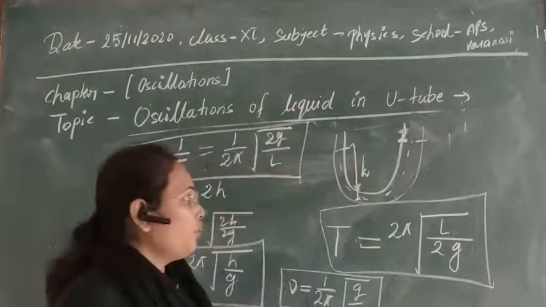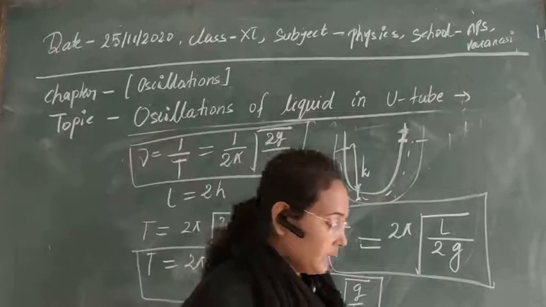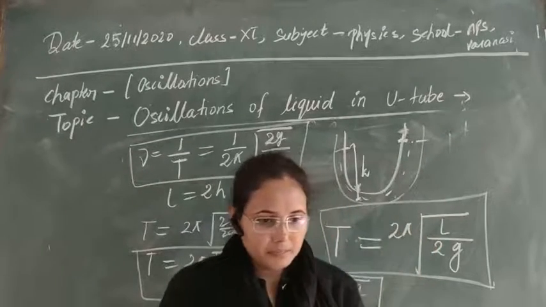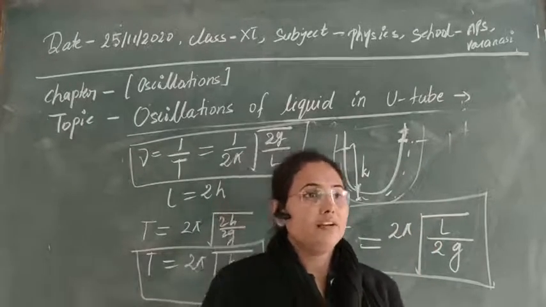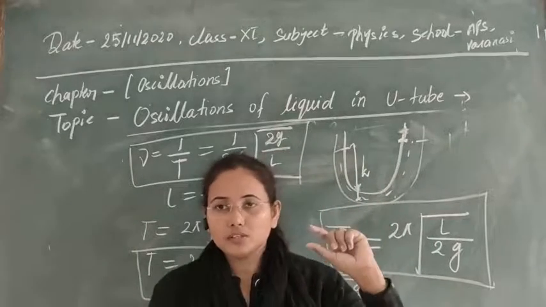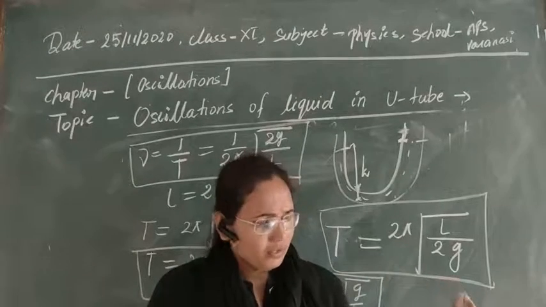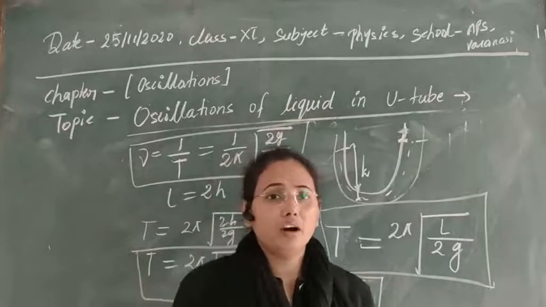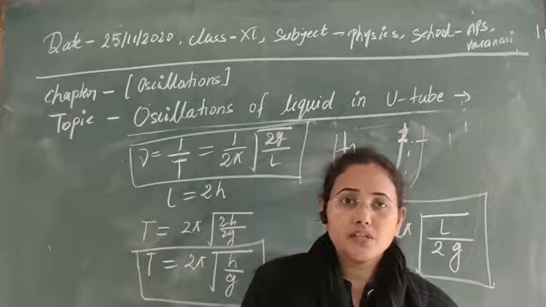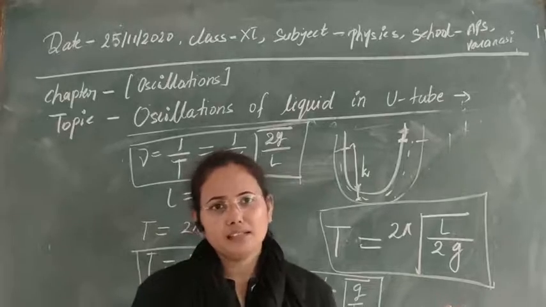So the whole point is: if we want to perform simple harmonic oscillations, we can't make a perfect simple pendulum, because there are some conditions to make it. In a simple pendulum, the thread or string that we use should be inextensible, flexible and weightless, and that is not possible.